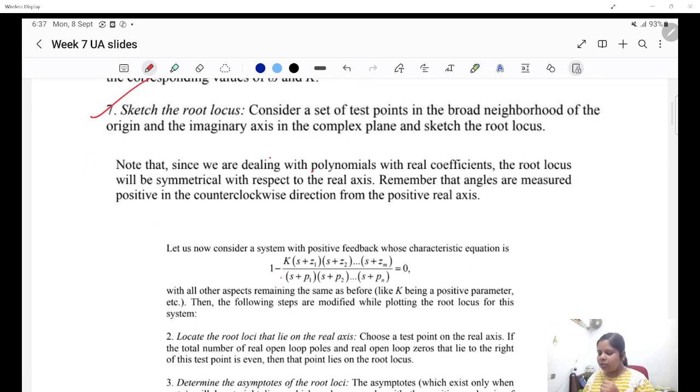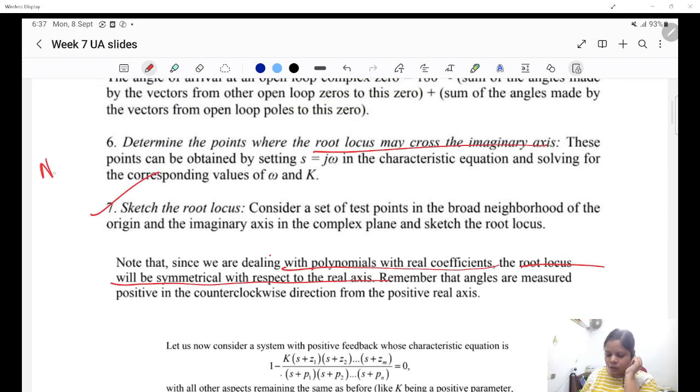Another thing is, since we are dealing with polynomials with real coefficients, the root locus will always be symmetrical with respect to the real axis. All of these conditions that we read were for a negative feedback system, right? And the other thing is for k greater than 0.